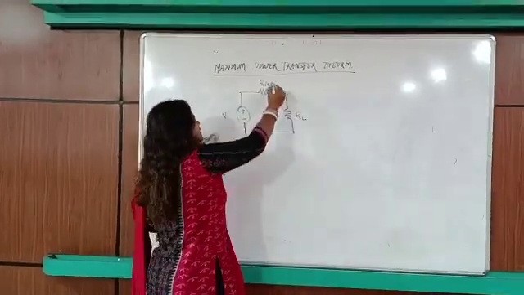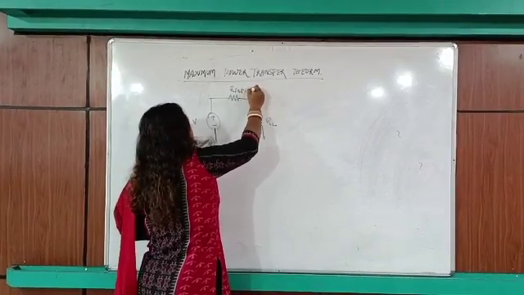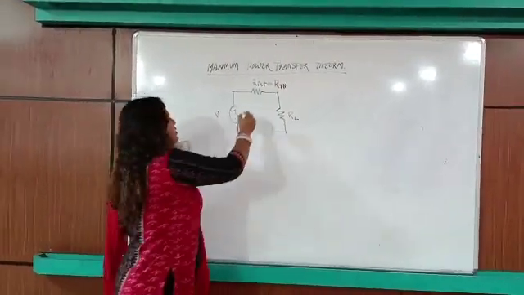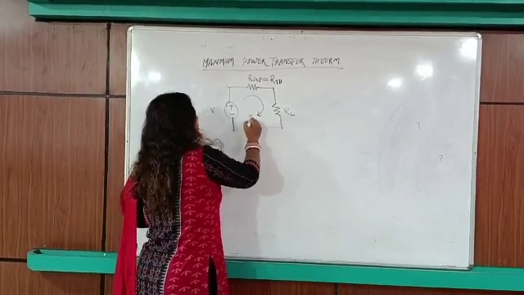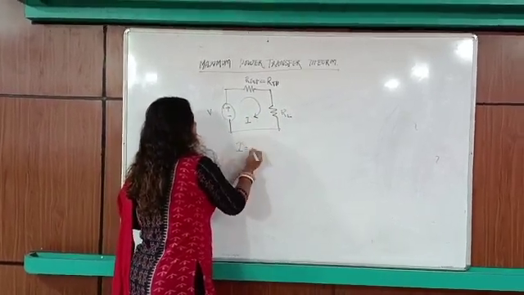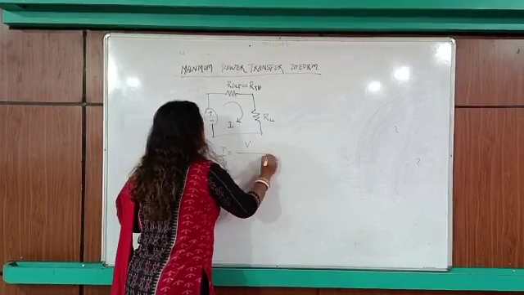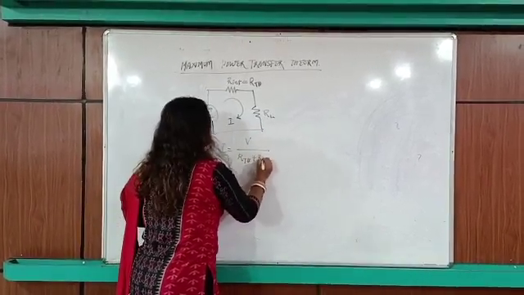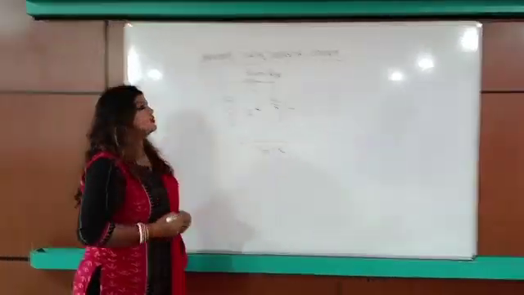Here the internal resistance is also called Thevenin's resistance, and the current in the circuit, I, can be found using the formula V divided by RTH plus RL.